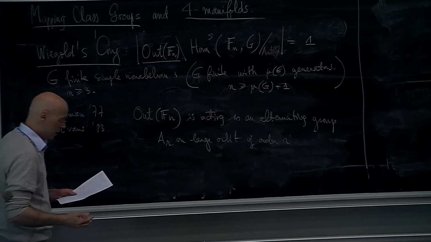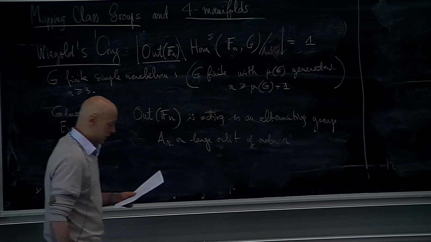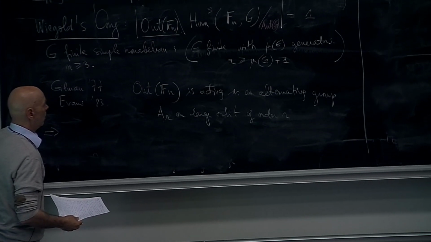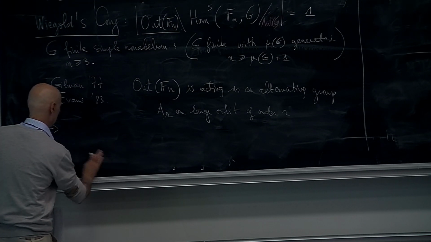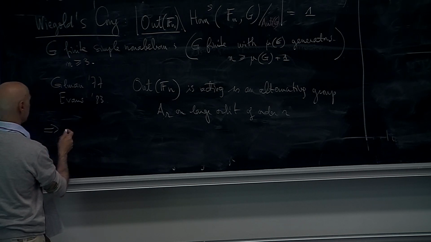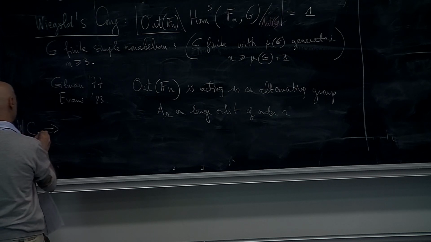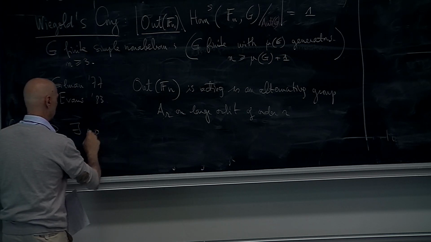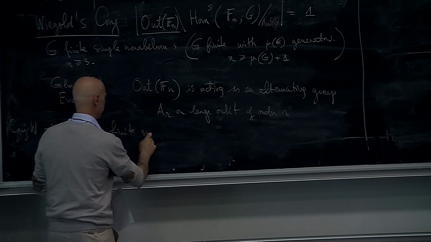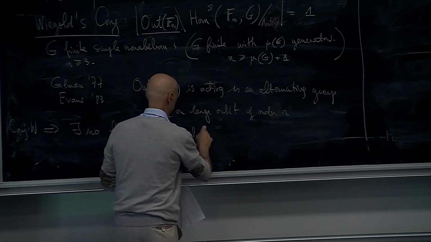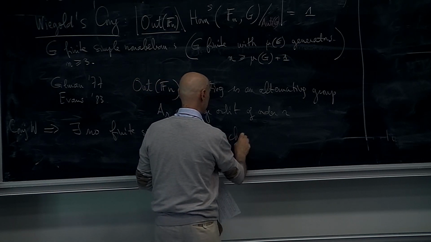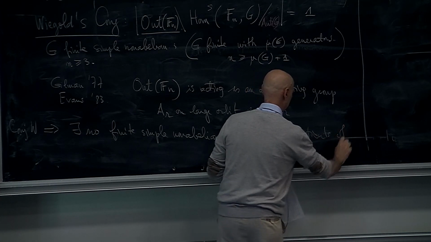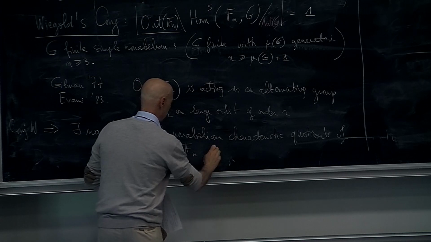This is still unknown in general, but what this is implying immediately is that, if the conjecture holds, it implies that there are no finite, simple, non-abelian characteristic quotients of Fn, n at least 3.